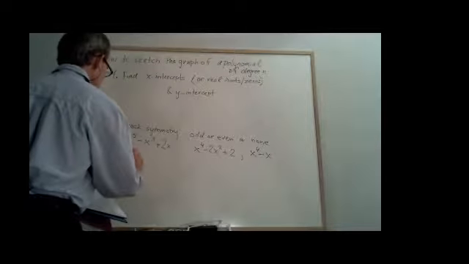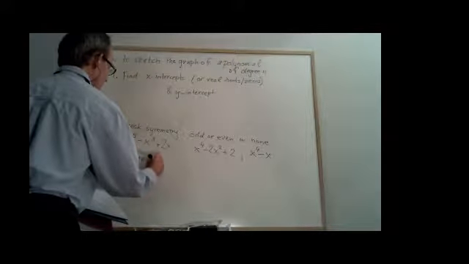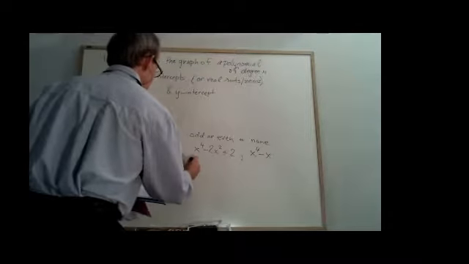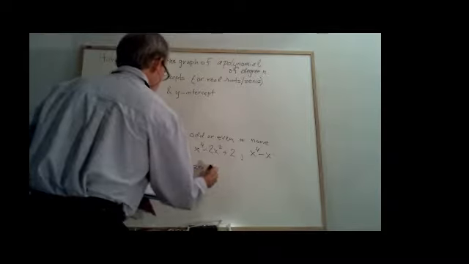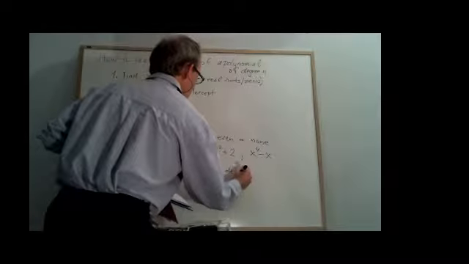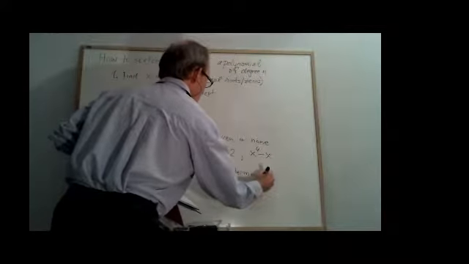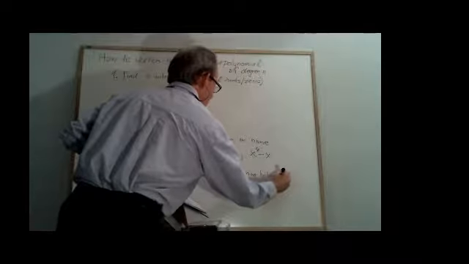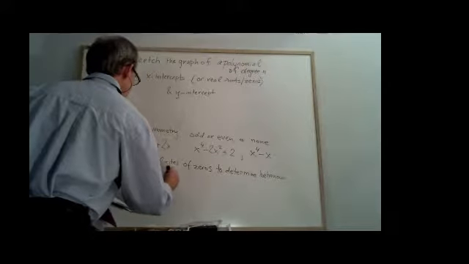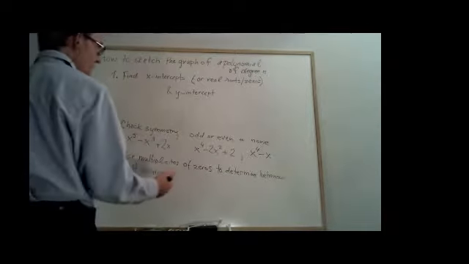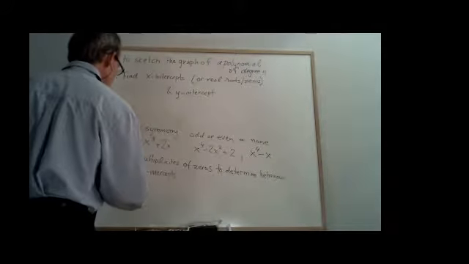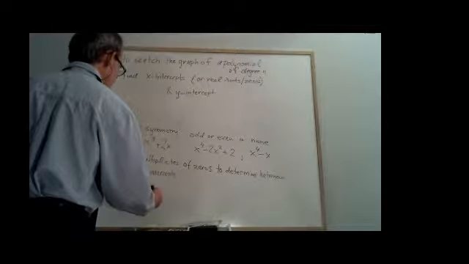So you'd use the multiplicity of each root once you get them to determine the behavior at the x-intercepts. If it's an even multiplicity at that root, then the graph will bounce off of the x-axis, one way or the other.